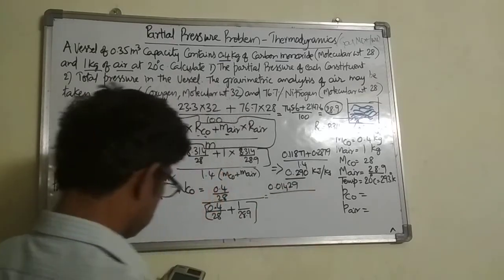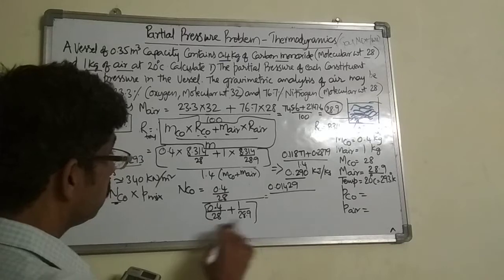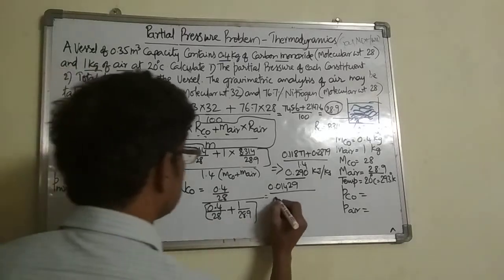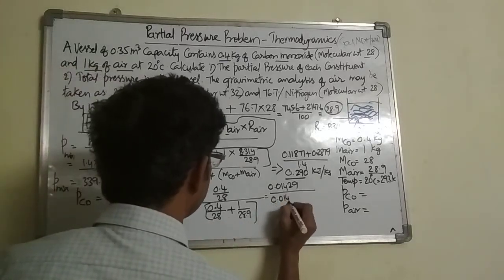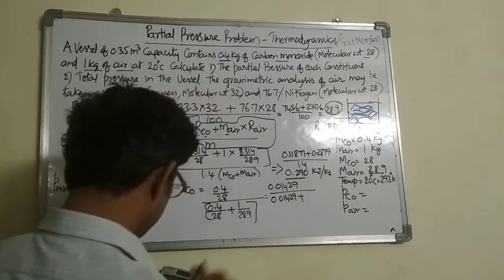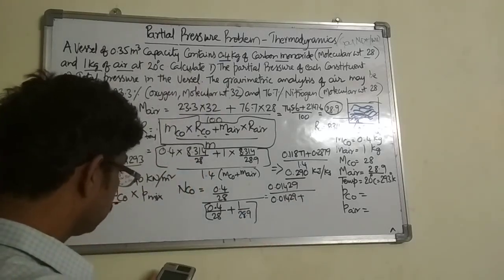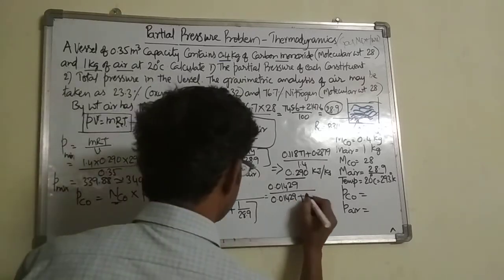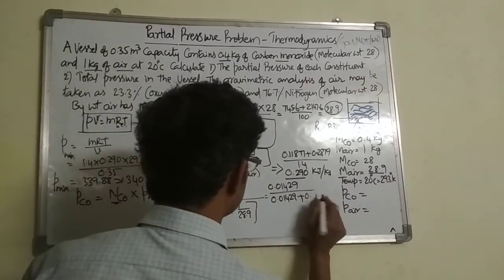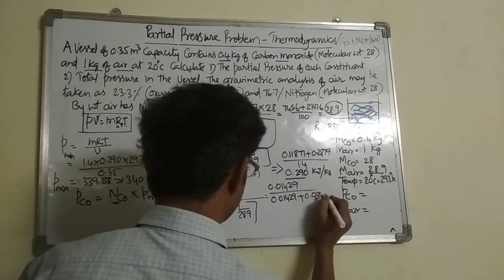that divided by, you are going to get by calculating this thing once again, the denominator: 0.01429 plus 1 by this part, so 1 divided by 28.9, that is 0.0346.